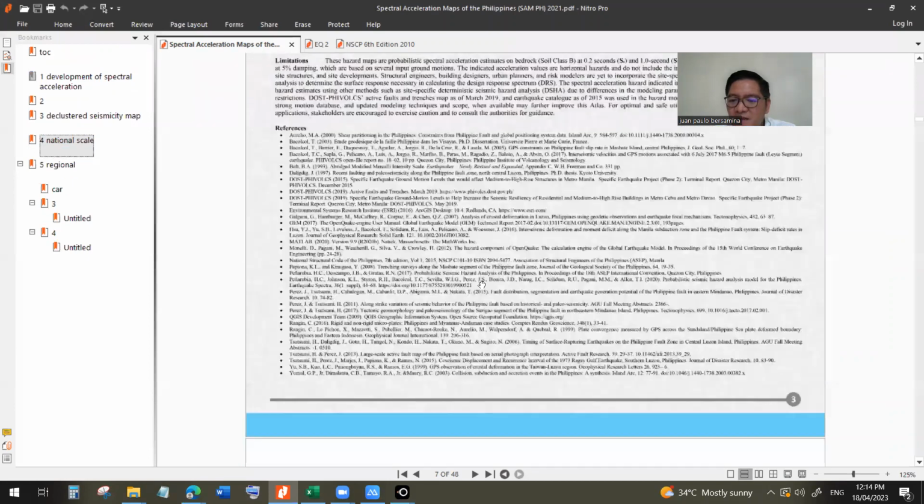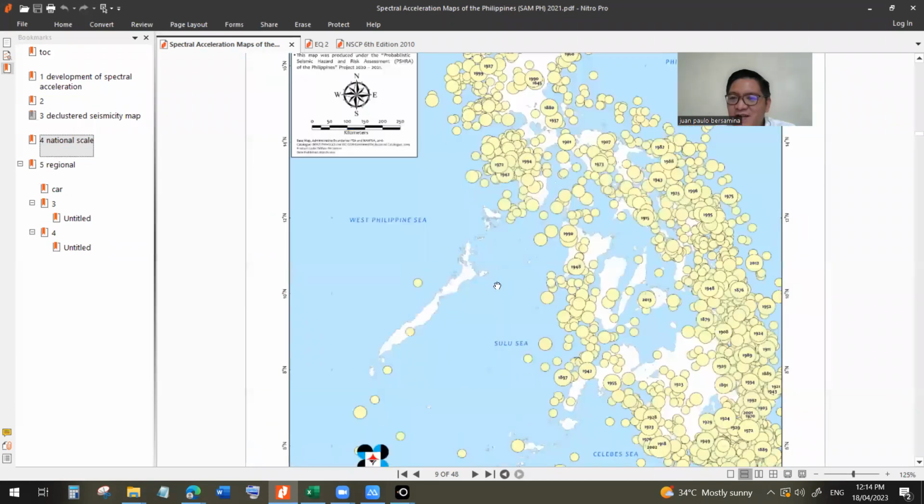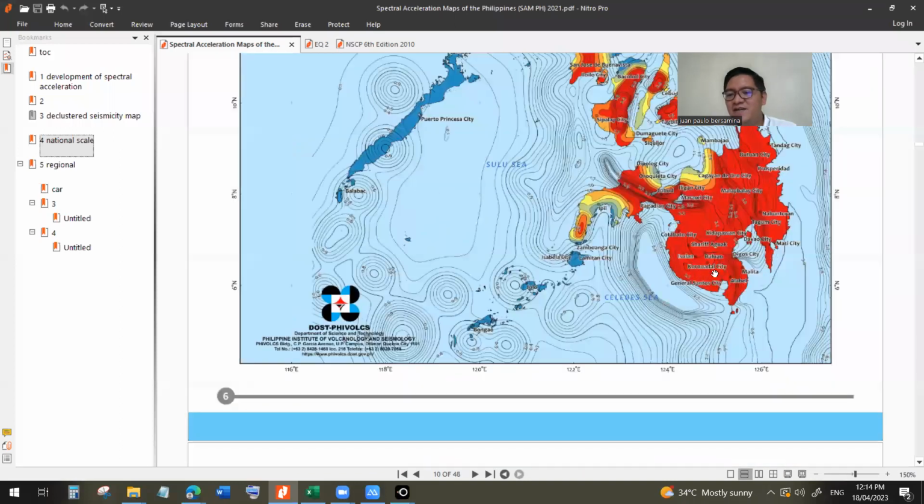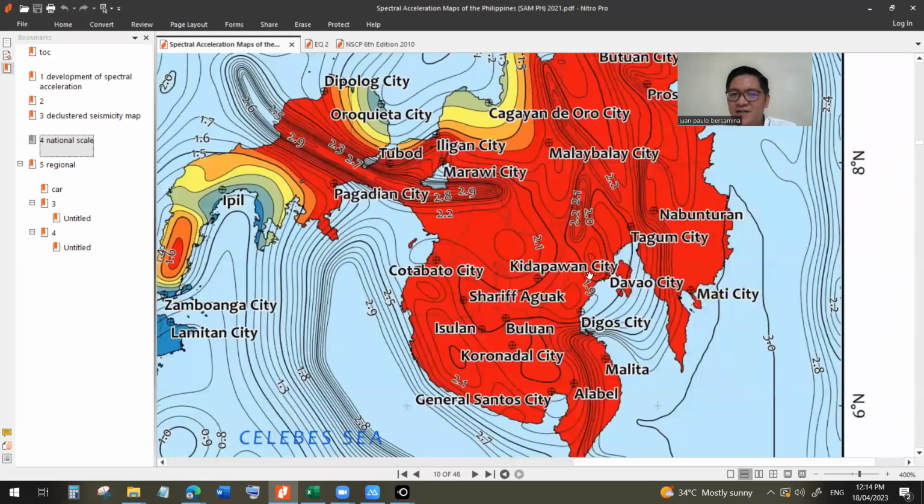So, may malaki ang chance sa Mindanao na if you will compare the base shear using UBC 97 versus sa base shear sa IBC, mas malaki yung base shear ng IBC because of this large spectral acceleration. Kita nyo, 2.1. Kalakas yung niya, spectral acceleration. More than 1. 2.7, 2.9.